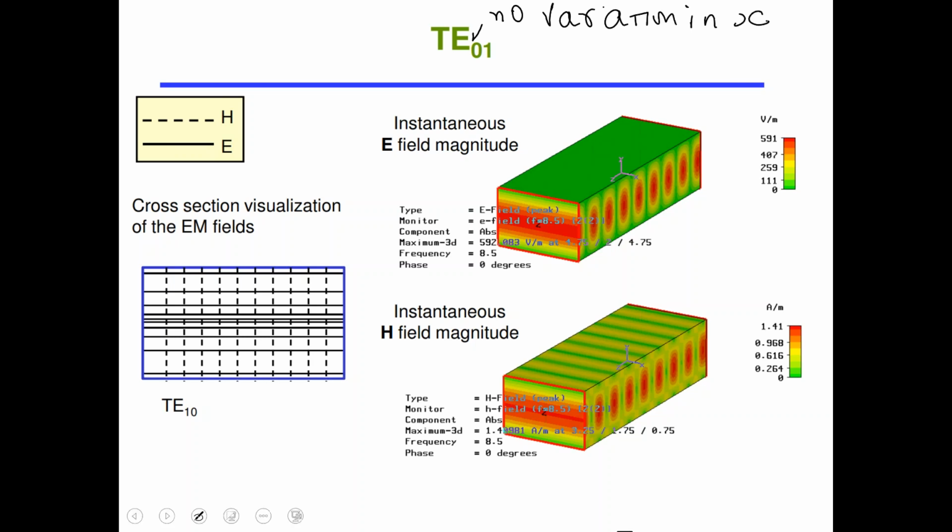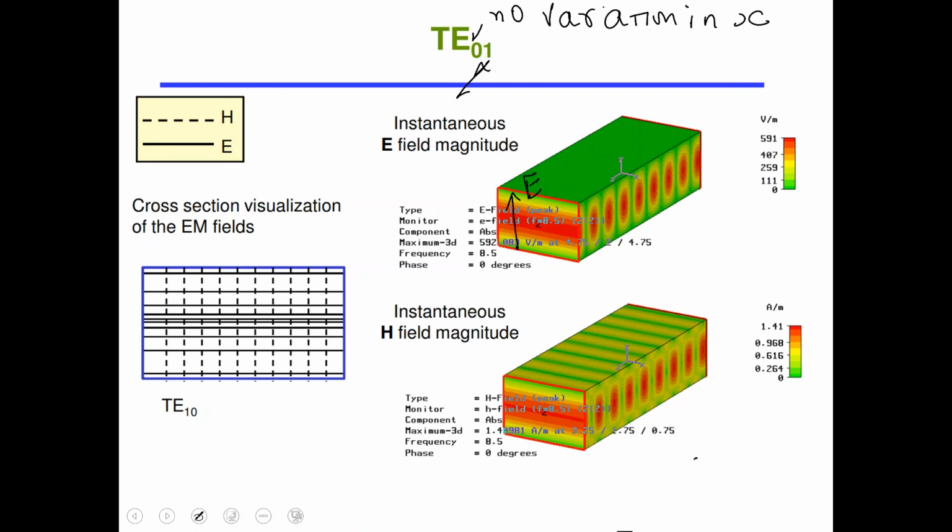And 1 basically means one lobe variation in y. So basically, the whole field has tilted by 90 degrees. So now the field is pointing parallel upwards.